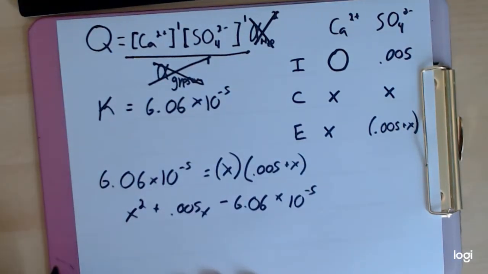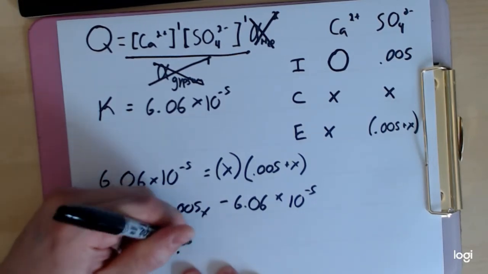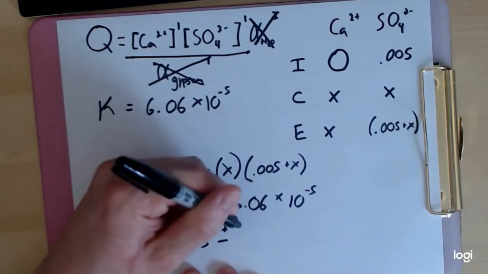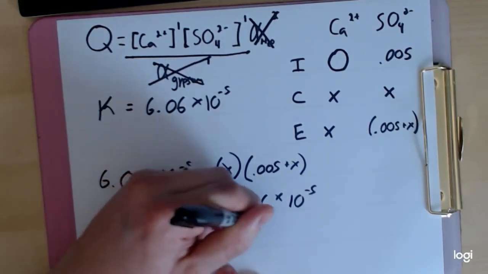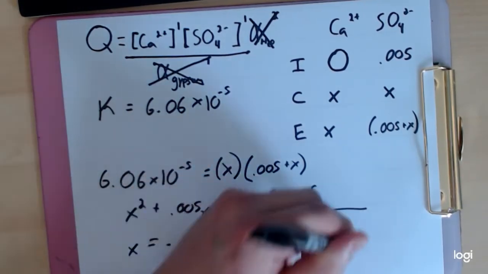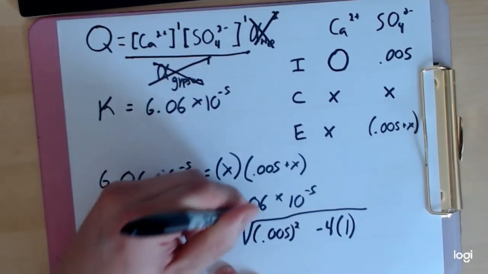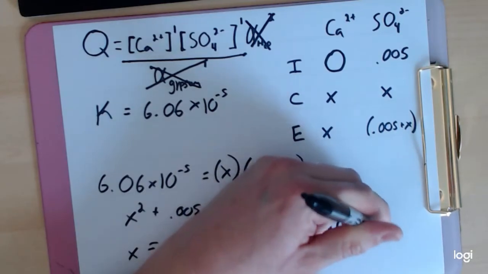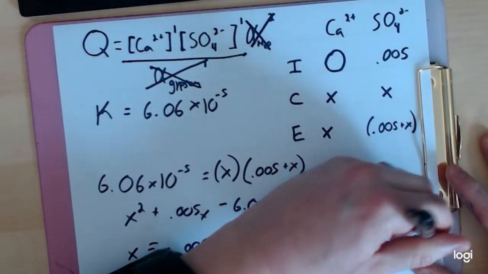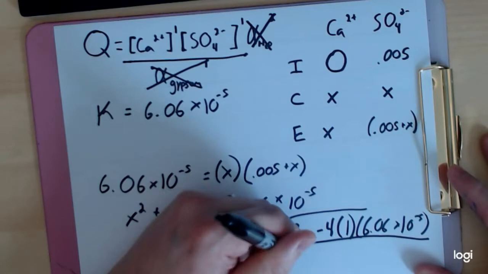So you can plug this into your quadratic formula, and that would be x equals negative b plus or minus the square root of b squared minus 4 times a, 1, times c, which is 6.06 times 10 to the negative 5, all over 2 times a, which again is 1.